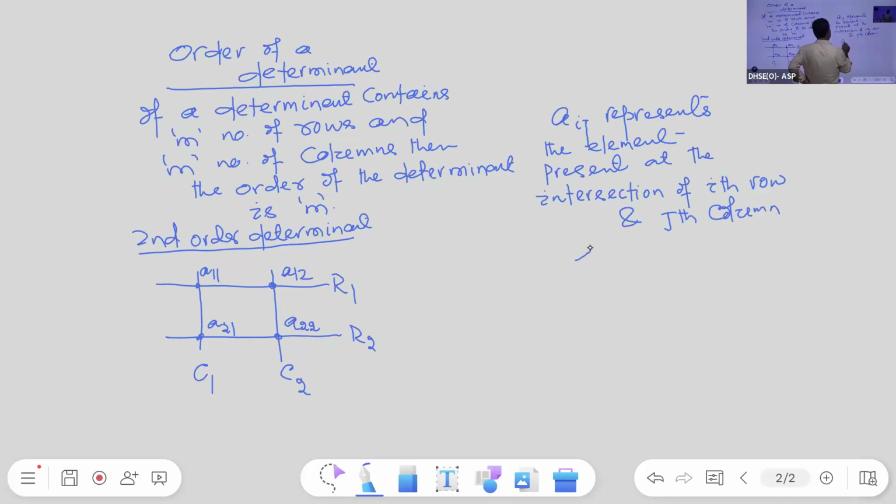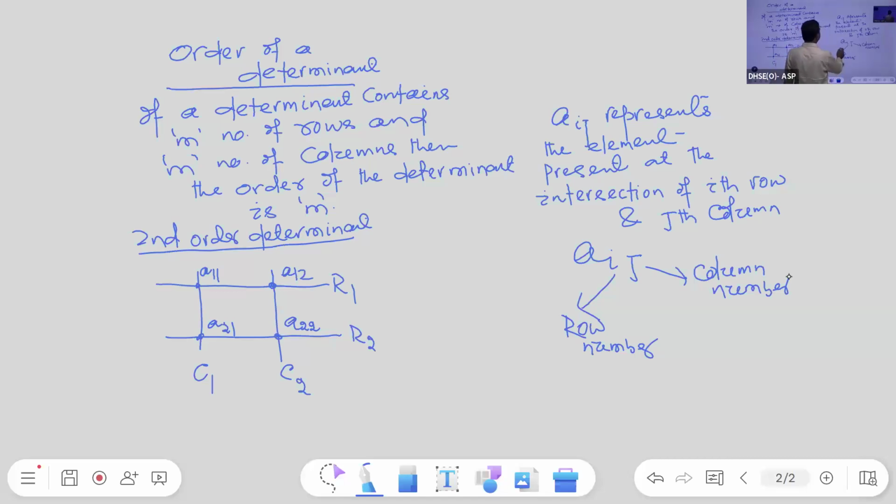In Aij, the subscript i represents the row number and the subscript j represents the column number.